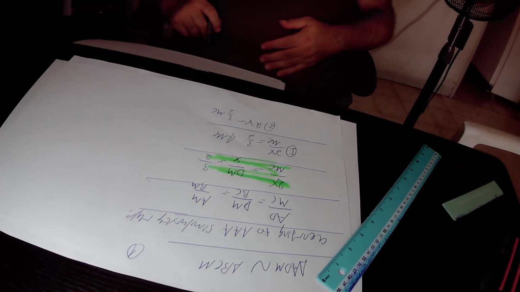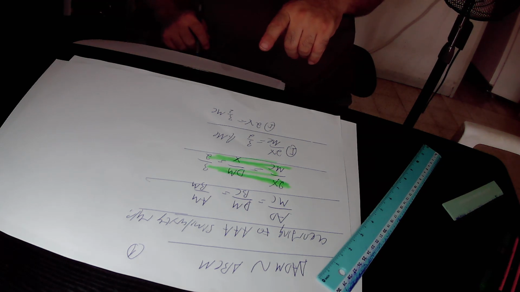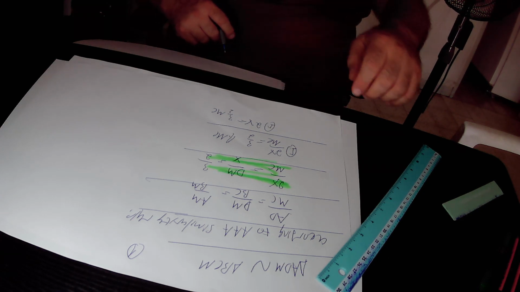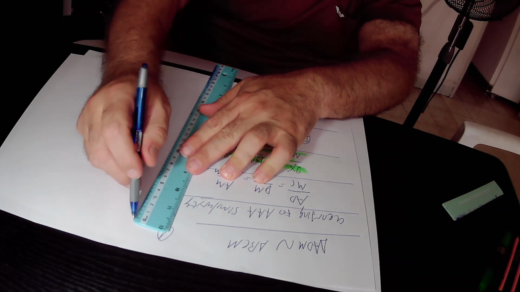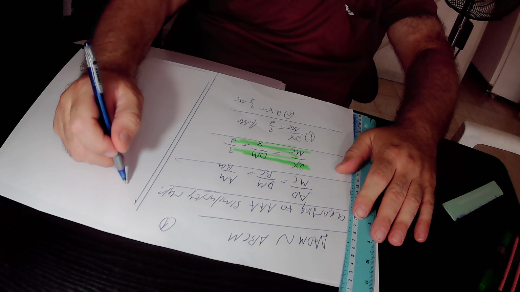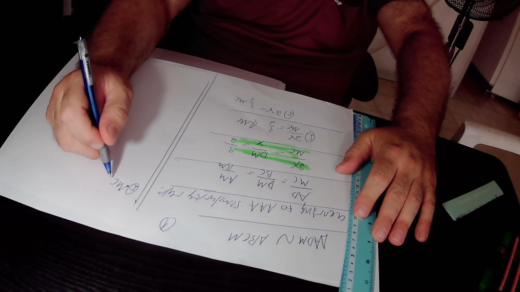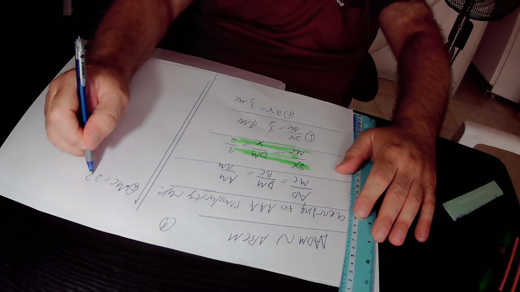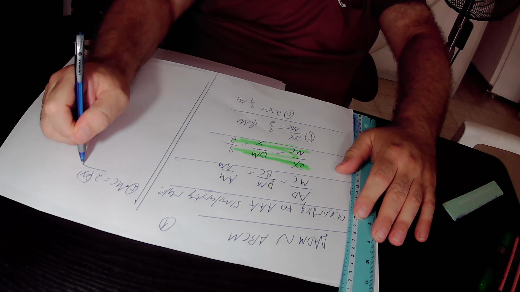Then we multiply equation 1 by 2 and divide it by 3 simultaneously, and we get that MC equals 2 times 2x over 3.